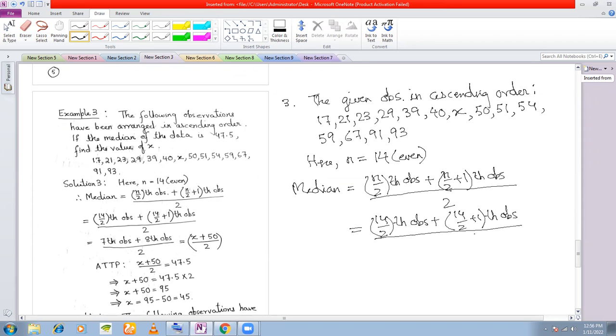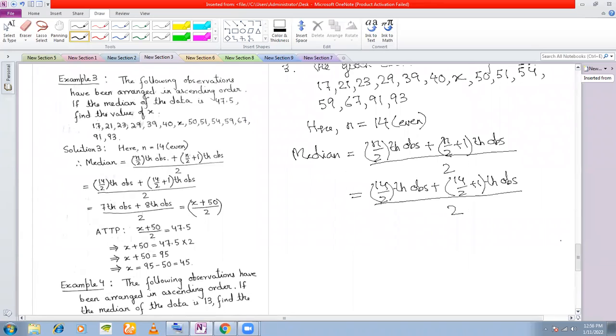divided by 2. 14 by 2th observation is nothing but 7th observation. You divide 14 by 2, you get 7, plus 14 by 2 is 7, 7 plus 1 is 8. So 8th observation divided by 2.